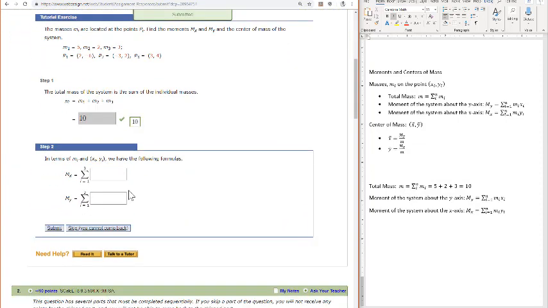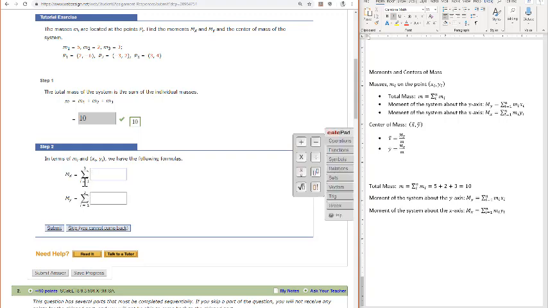The next thing they want us to do is write our formulas for Mx and My. This is the moment of the system around the y-axis and the x-axis. And so Mx is going to be, well, the formula is right here. It's just m sub i times the x values.